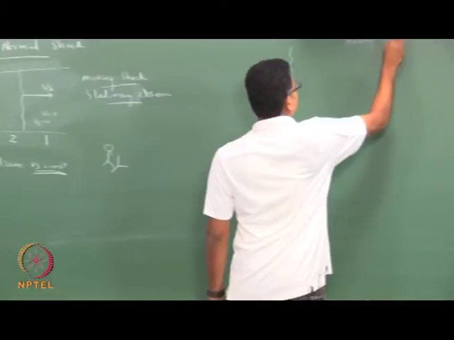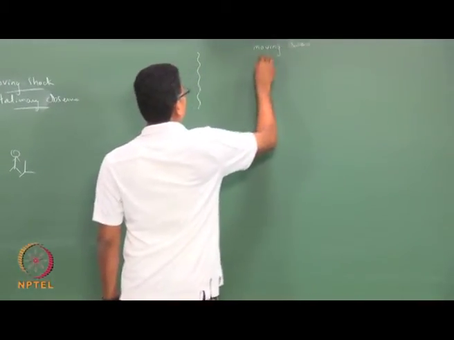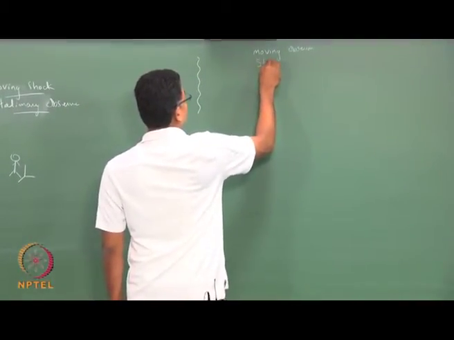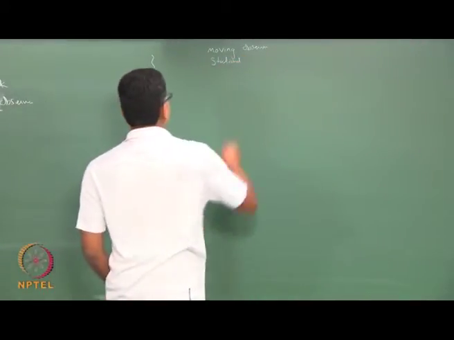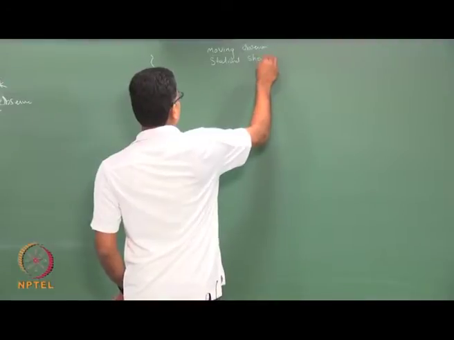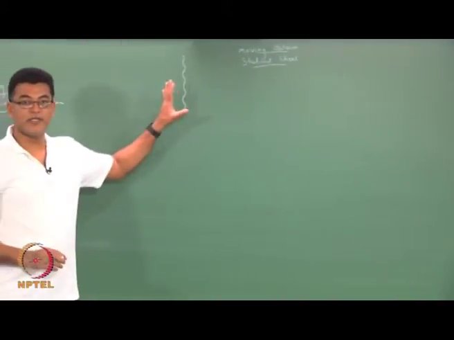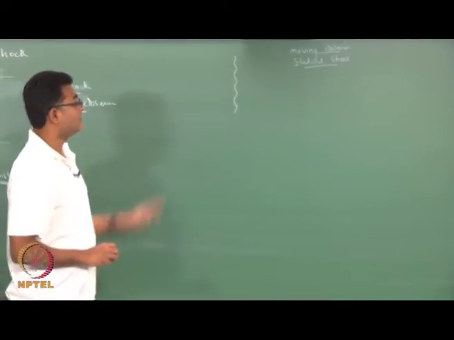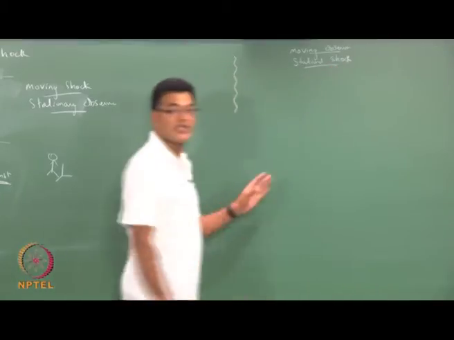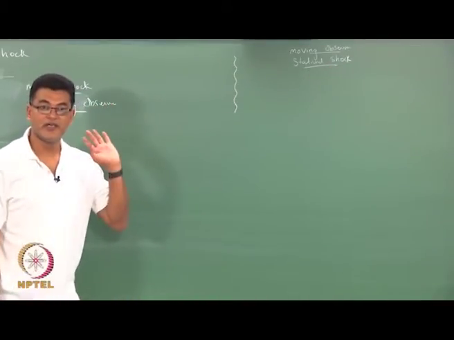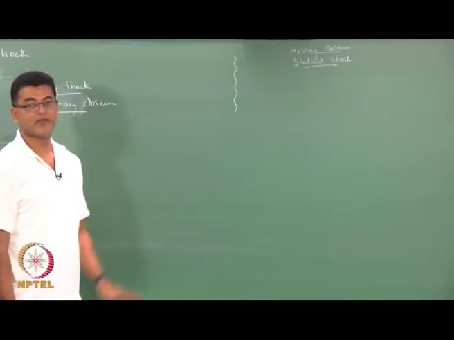So, I would use a moving observer, or a stationary shock. If I am moving along with the shock, I would feel the shock to be stationary. If the shock is stationary, I can use the relations that we have derived in the previous classes to evaluate the properties.